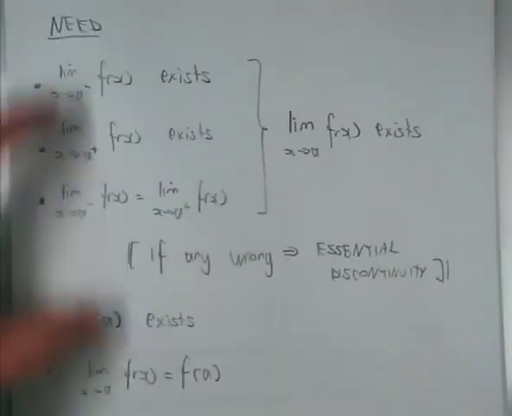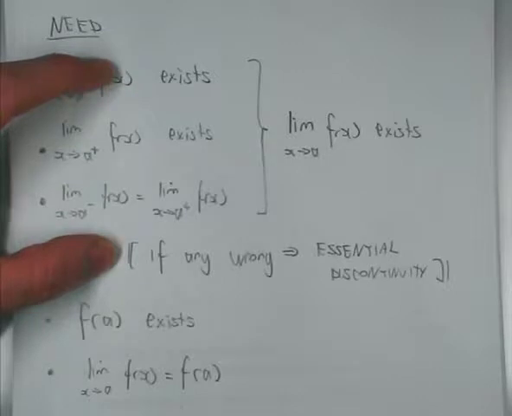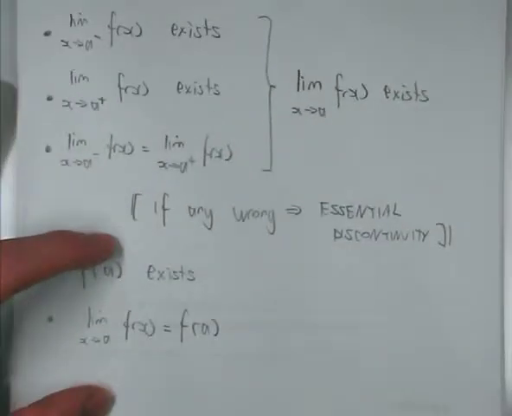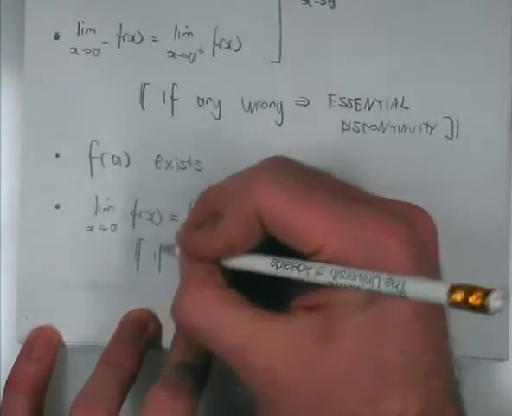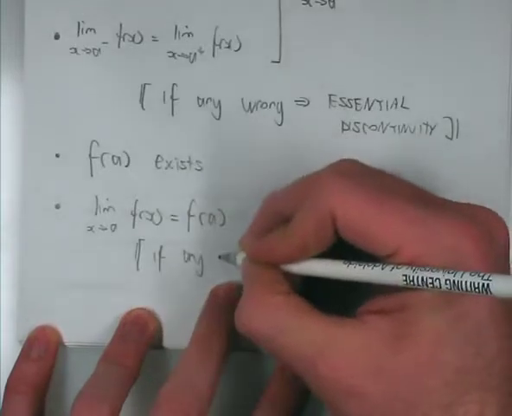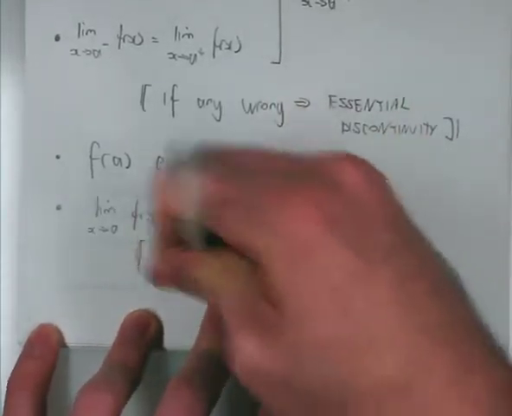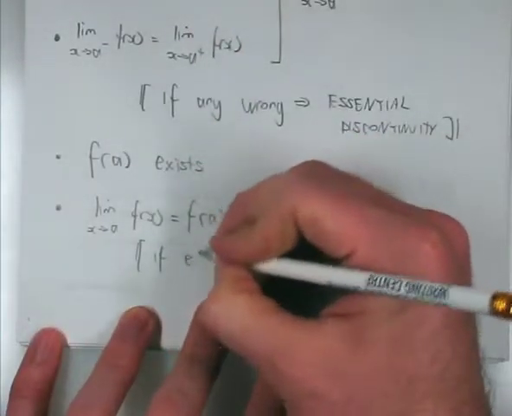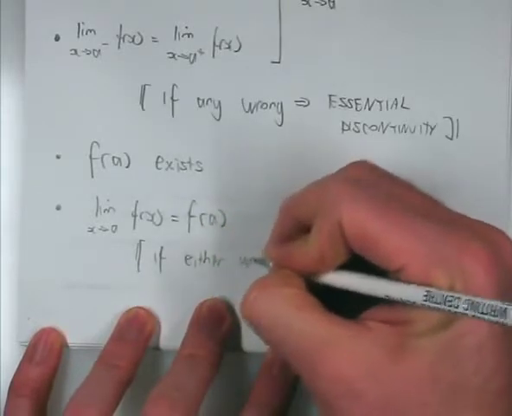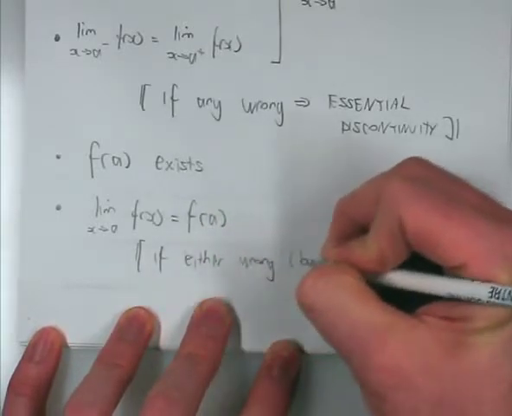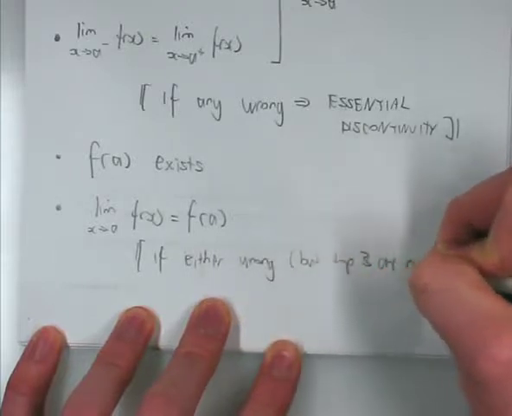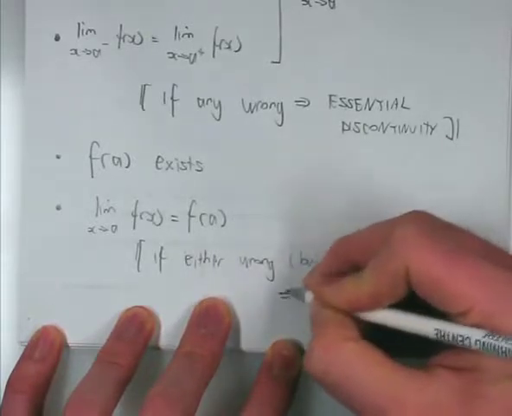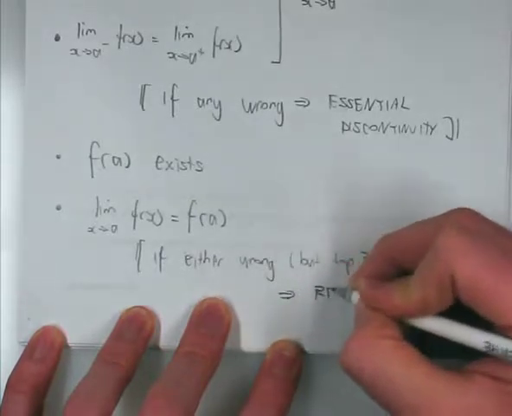So if all of the top three are okay, and one of these two is wrong, that's a removable discontinuity.